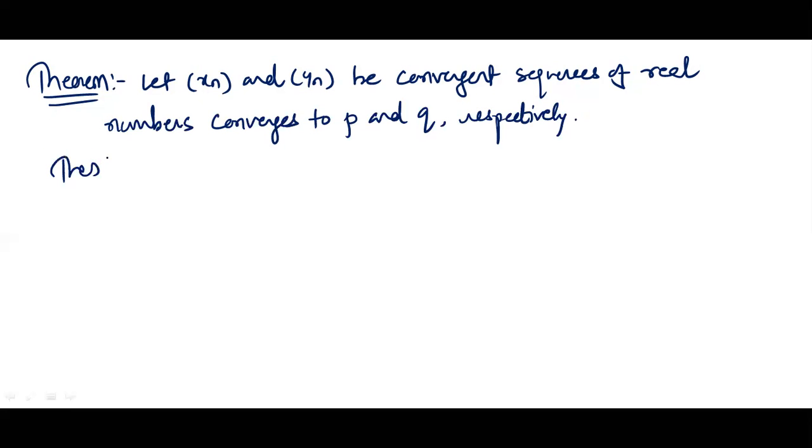Then the addition of sequences xn and yn, that is the sequence xn plus yn, converges to a real number P plus Q. Let's see its proof.